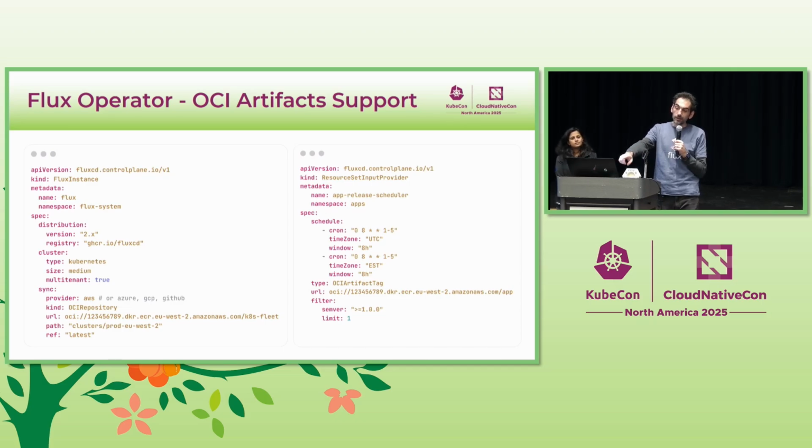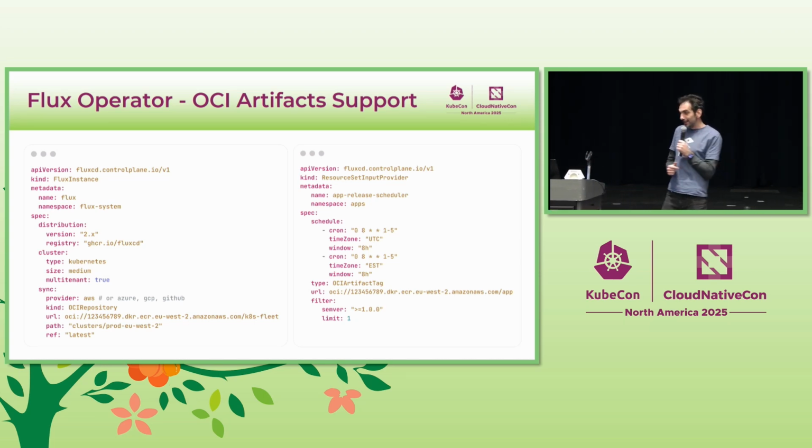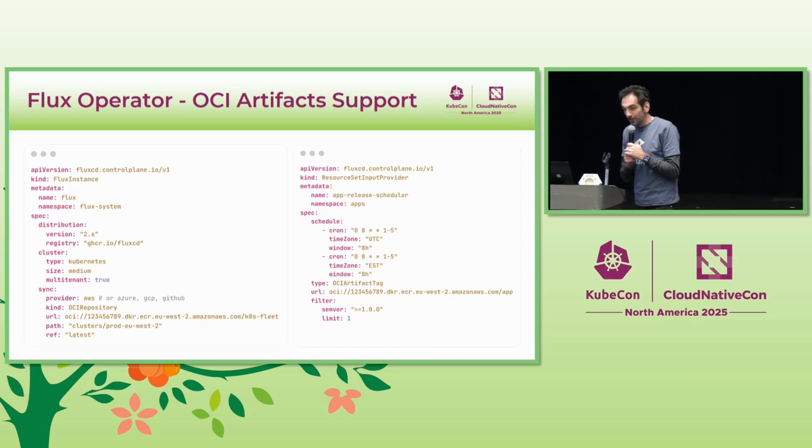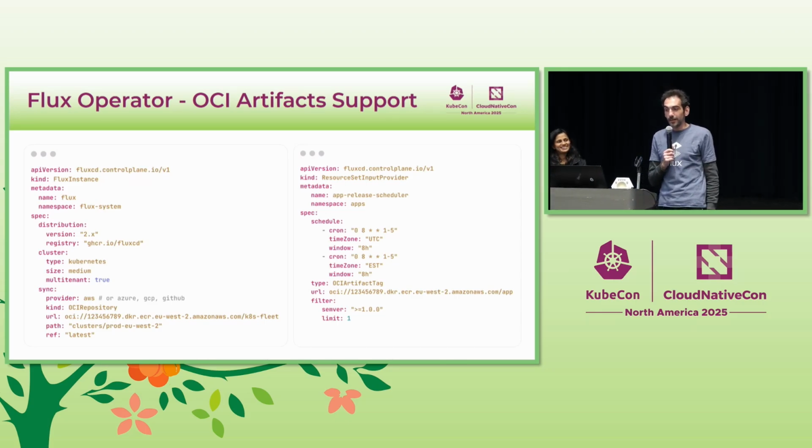And what's important here to note is that sync has a provider, and in this case is AWS, because she is Microsoft and I have to promote another cloud. What this means is that you tell Flux, hey, you are running on AWS, you don't need an image pull secret for this OCI artifact.